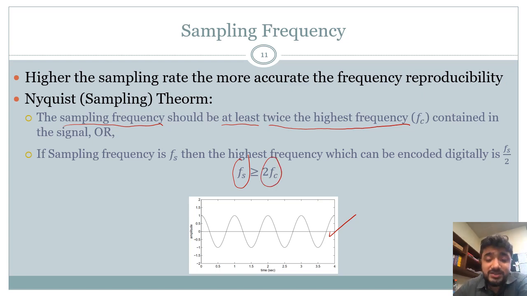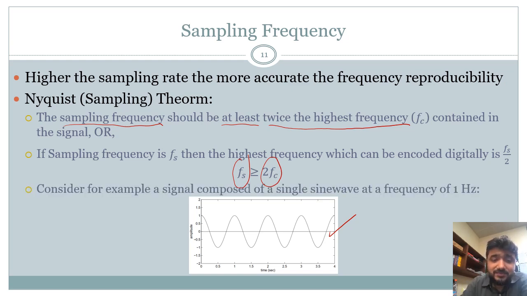Now what does that mean? Look at this signal that you have here. It is composed of a single sine wave at a frequency of 1 hertz. You can verify that it is one cycle peak to peak per second. Got it with me?